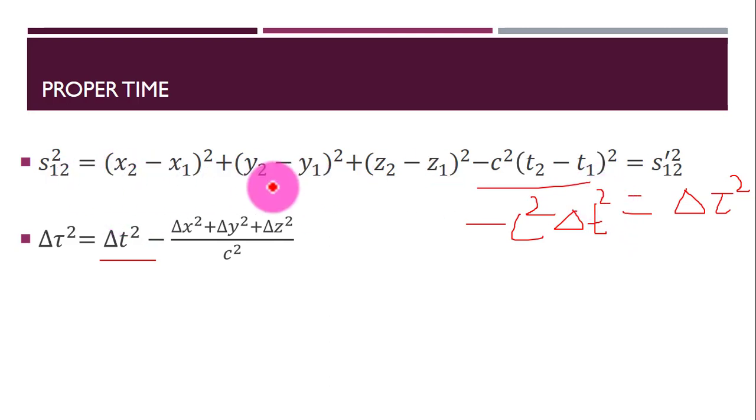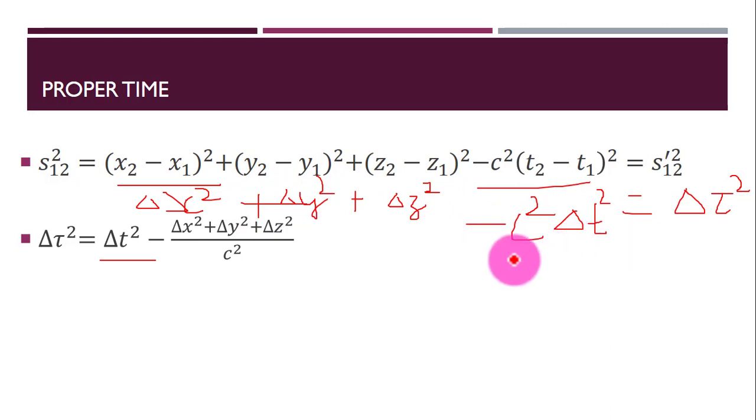Just dividing the whole term by c square, the differences of these terms are denoted by delta x square, delta y square, and delta z square. What we have done here is take c square common.